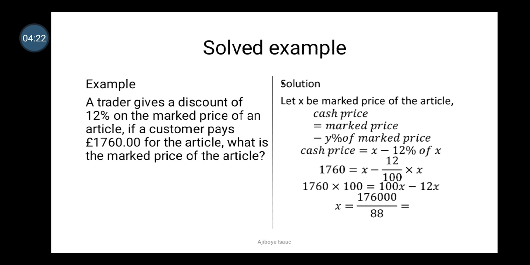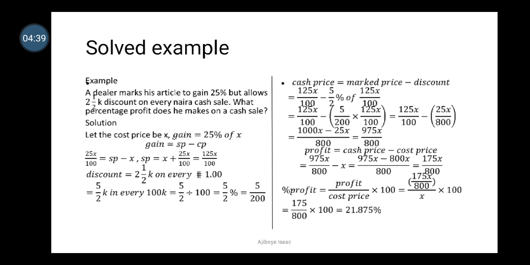So our X will be equal to 176,000 divided by 88. Whatever value that gives you, write it and send it to me now. Then we have solved example 2.